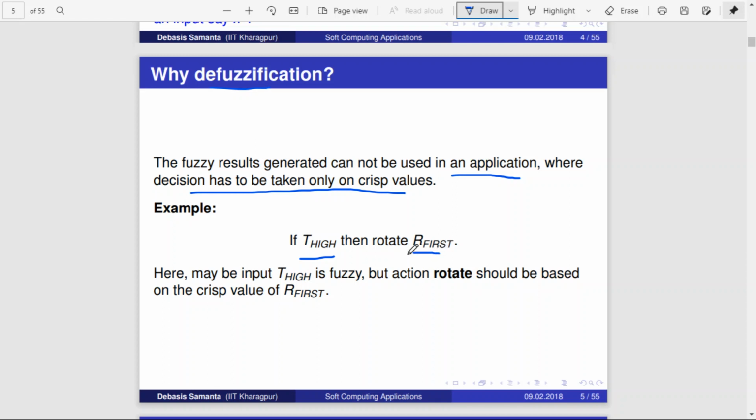R first is the name of the machine. Here the input T high may be fuzzy, but the action rotate should be based on the crisp value of R first. In that case we have to convert this fuzzy result to a crisp result.